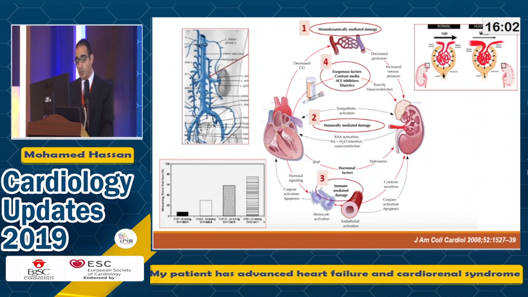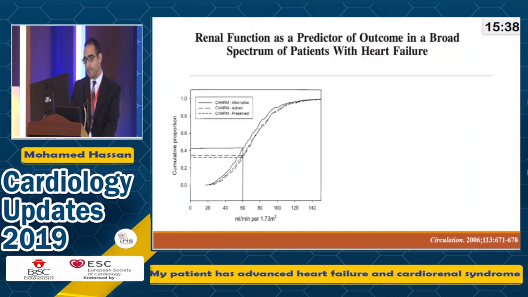The damage could be also immune-mediated through many inflammatory mediators, cytokines, and endothelial dysfunction that lead to renal damage. And number 4, the exogenous factors like contrast in coronary angiography and PCI and initiation of ACE inhibitors may lead to renal dysfunction, and overdiuresis may decrease the intravascular volume and impair more and more the renal function.